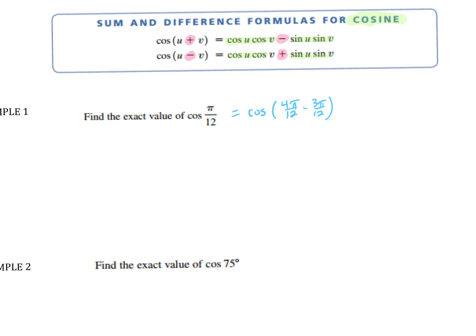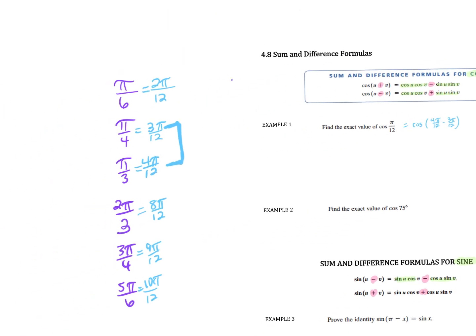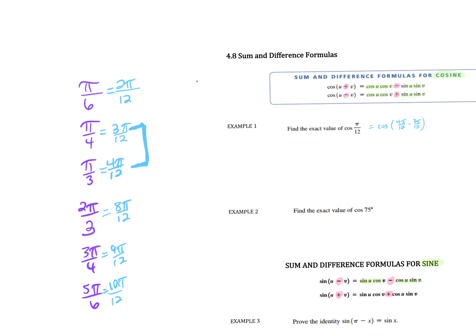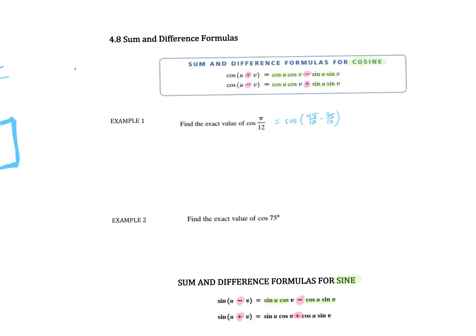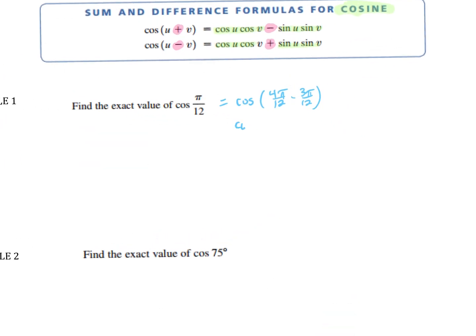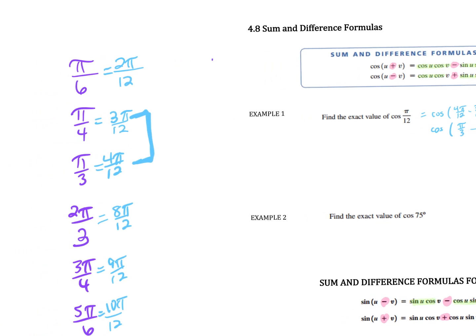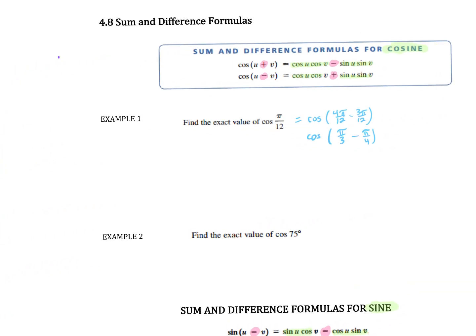So it's going to be easier if we have these radian measures written in terms of our basic angles. 4 pi over 12 we know is equivalent to pi over 3, and 3 pi over 12 is equivalent to pi over 4. We want to rewrite it so that we've got those values in the problem so that we don't make any careless mistakes. So I'm going to rewrite this again with pi over 3 minus pi over 4 before I plug into the actual formula. Okay, does that make sense?